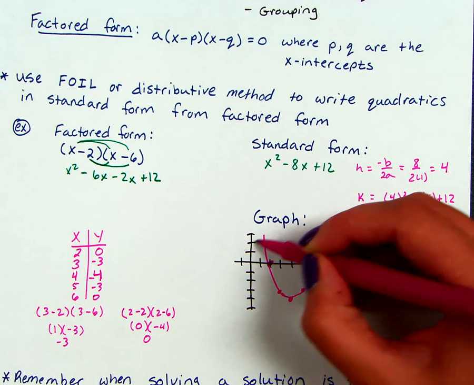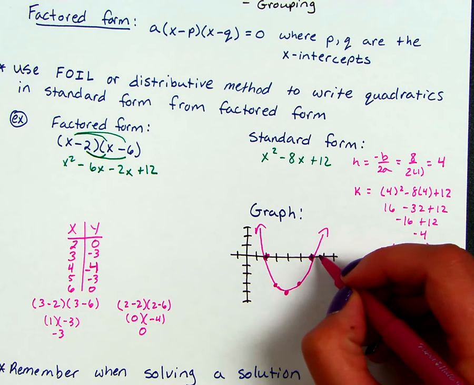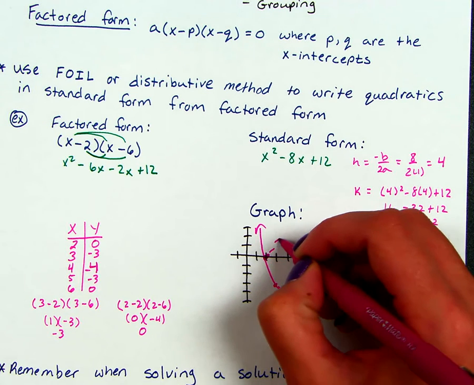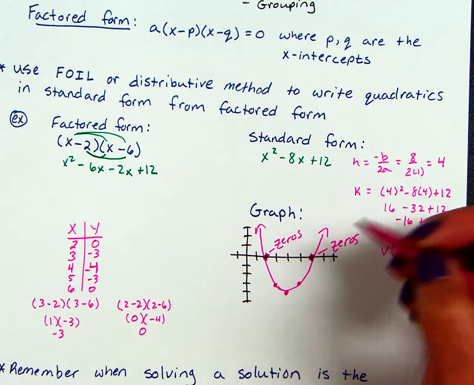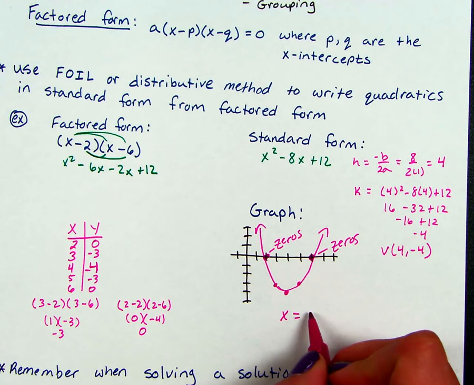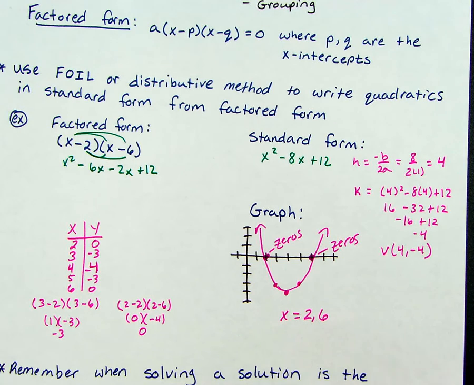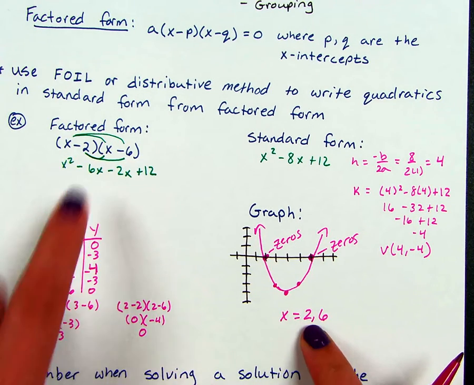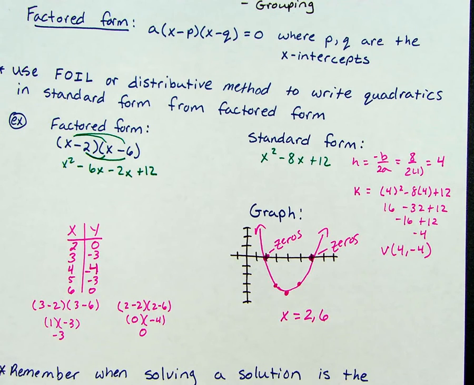Looking at this, remember where it's crossing our x-axis, these are the zeros. So our solutions to this would have to be x equals 2 and 6. If we compare that to our factored form, we should see those numbers in our factored form. All of this information is representing the same graph.